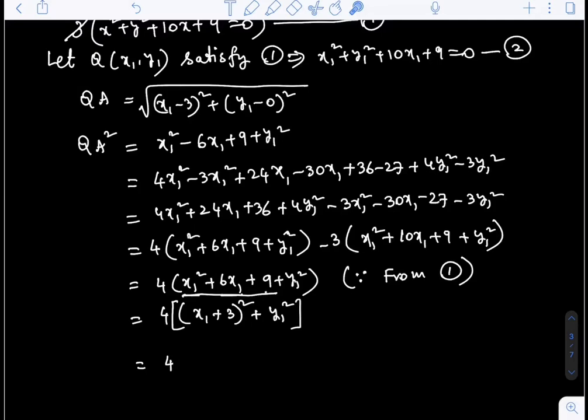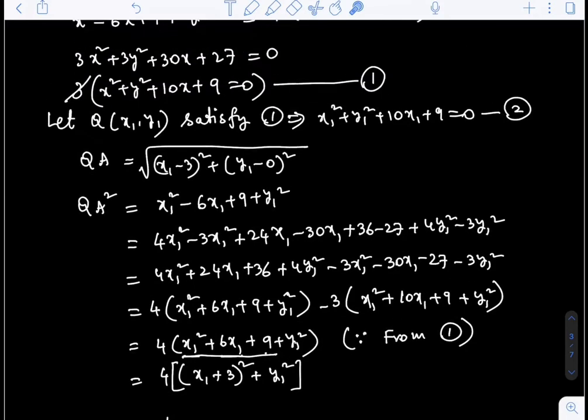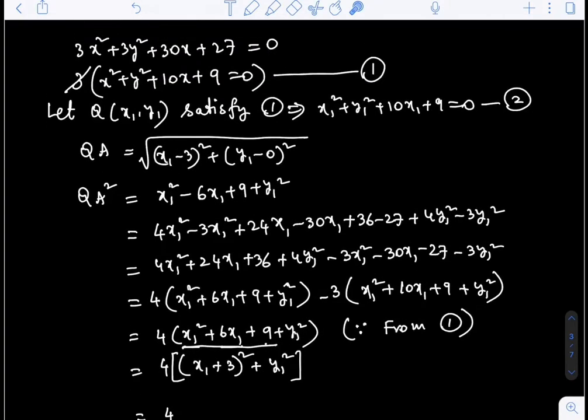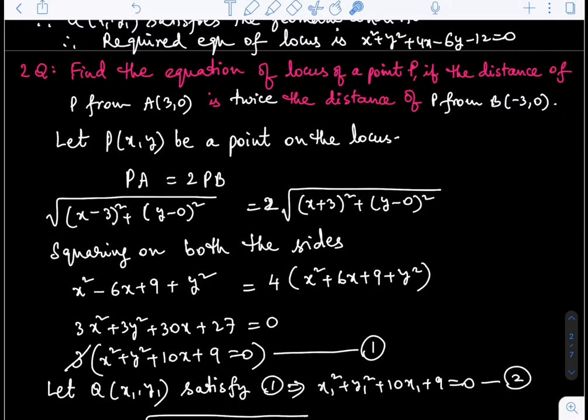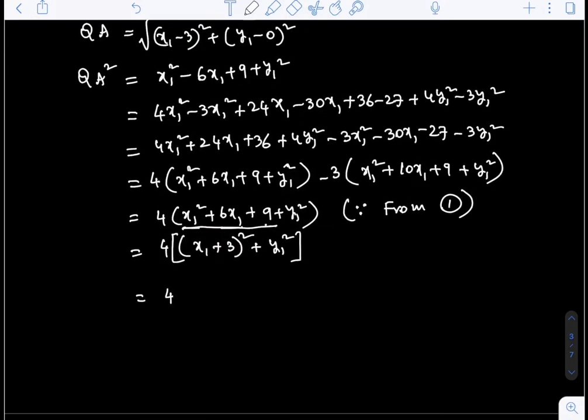Go back to the steps and see. That is QB. Where is B? Here it is. Let us take point B, which is minus 3, 0. What is Q? x1, y1. And what is the distance between Q and B?